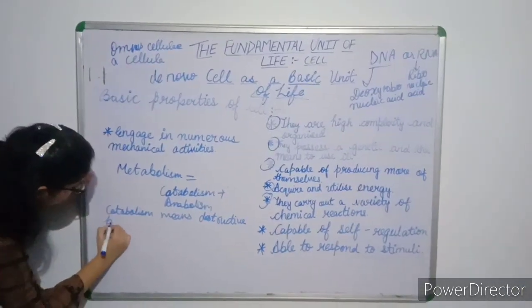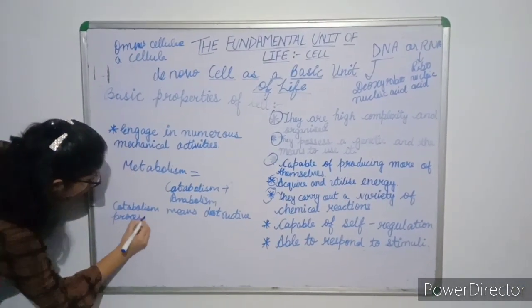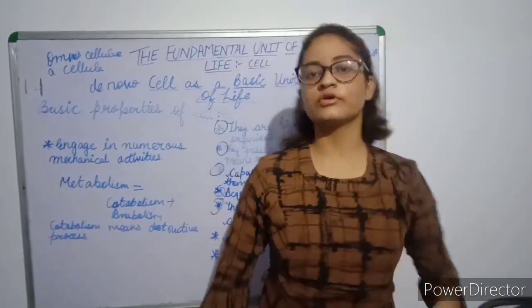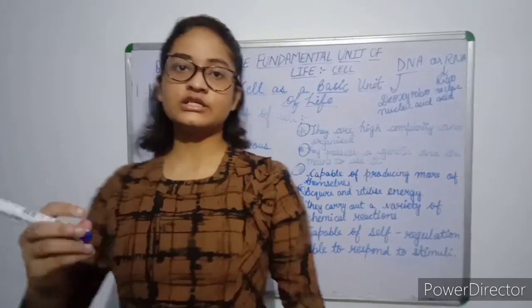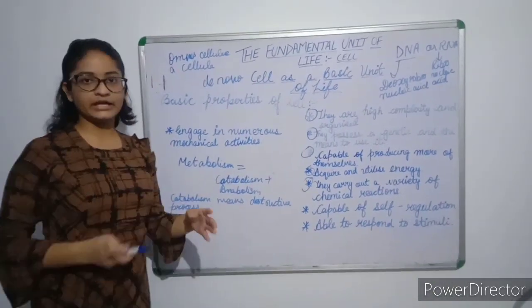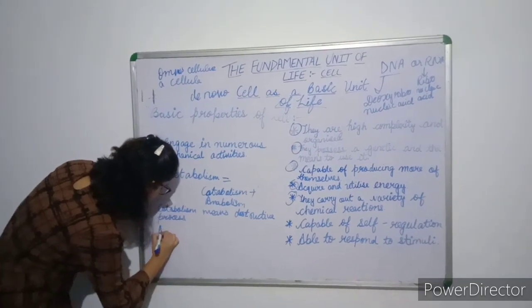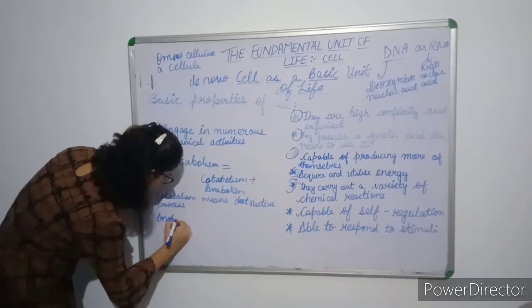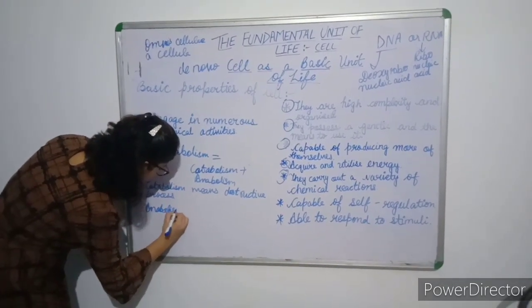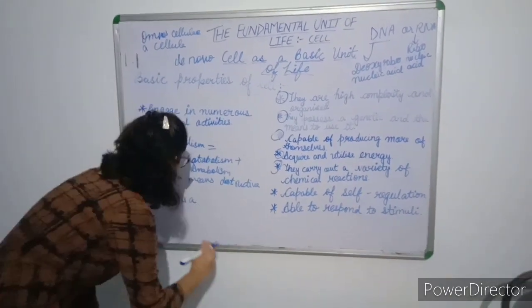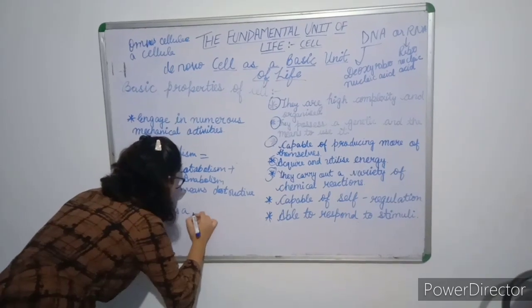And what is anabolism? Just the opposite of catabolism, it is a synthesizing process in which molecules are aggregated to produce energy in the cells. Anabolism is a constructive process. This also we are going to deal with in detail in further classes.